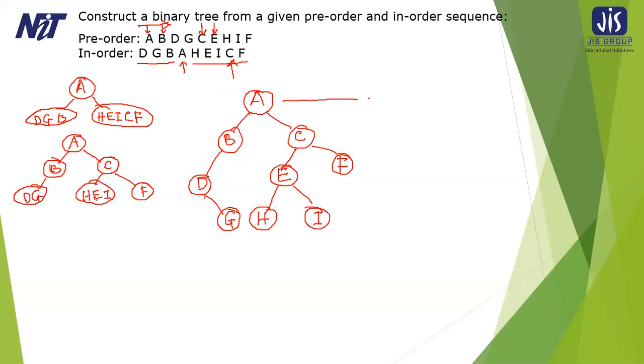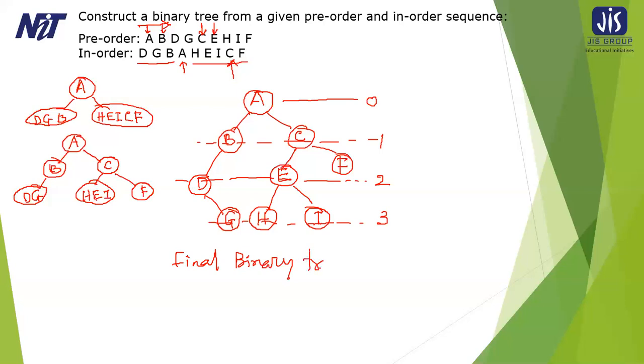This is level 0, this is level 1, this is level 2, and this is level 3. This is the final binary tree using the given pre-order and in-order sequences.